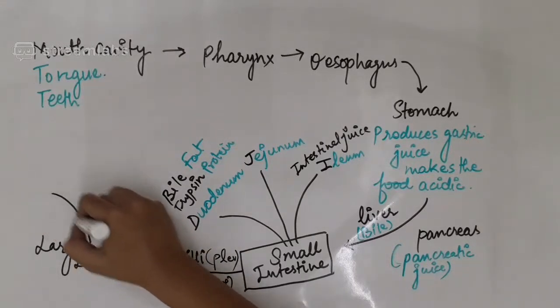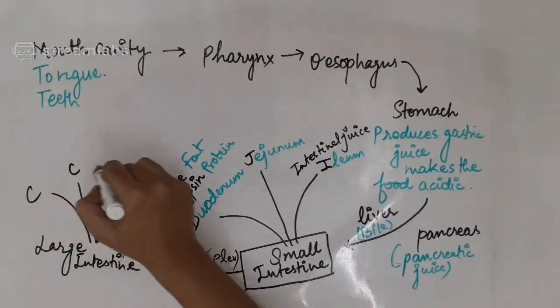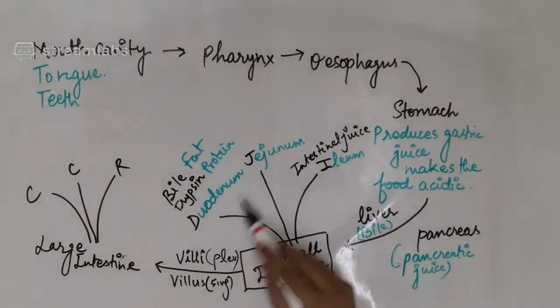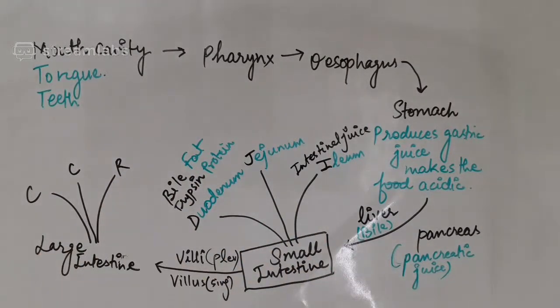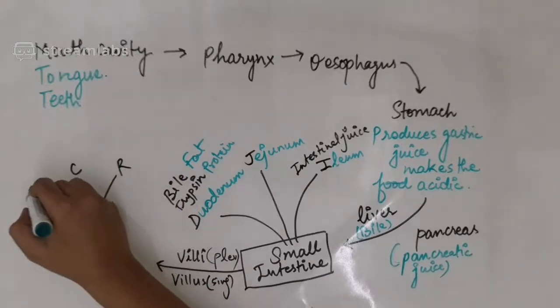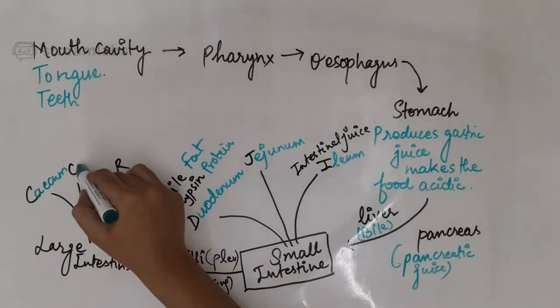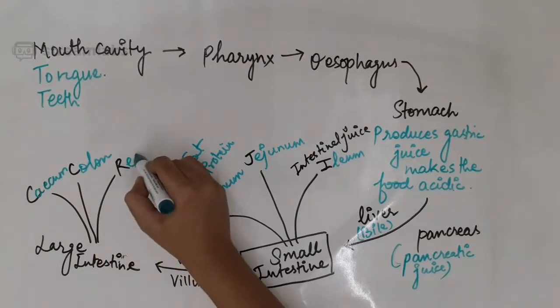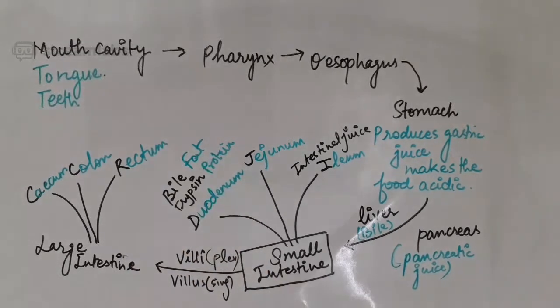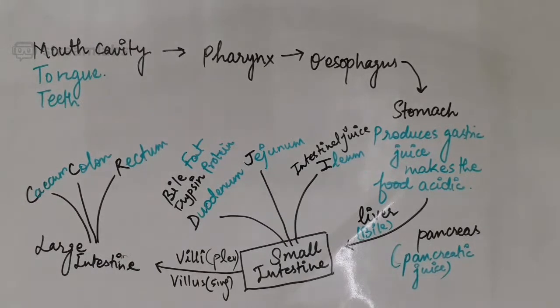That is CCR, and this CCR is first cecum, colon and rectum. Cecum, colon and rectum are the parts of the large intestine.